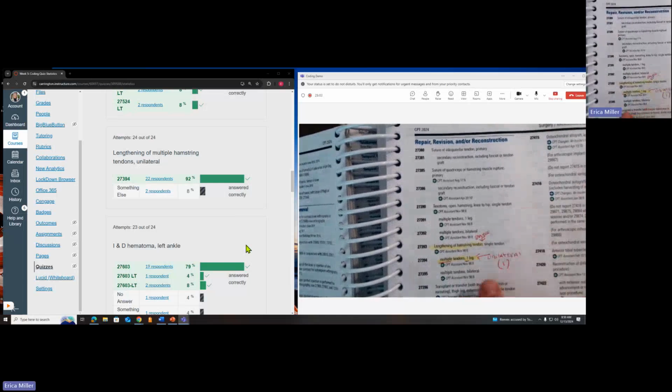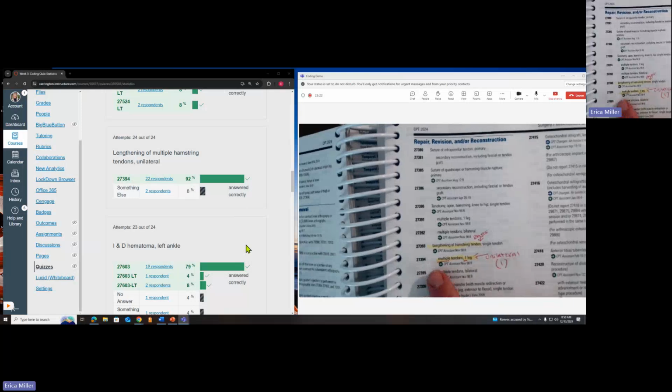That semicolon, and then take it down and look at the variation of that service. So 27393 is for a single tendon, right? So we got to match our terminology up. We have multiple and then we have unilateral. So one leg would be your unilateral, one side. So 27394 is your final answer.